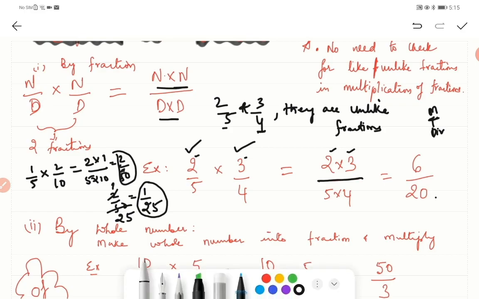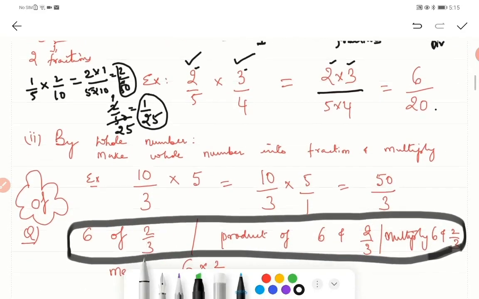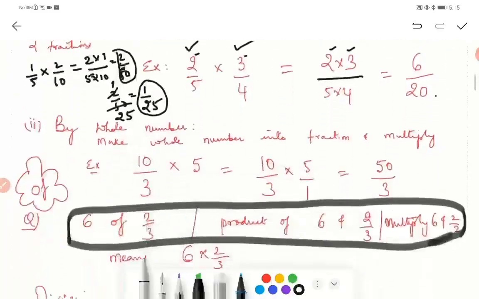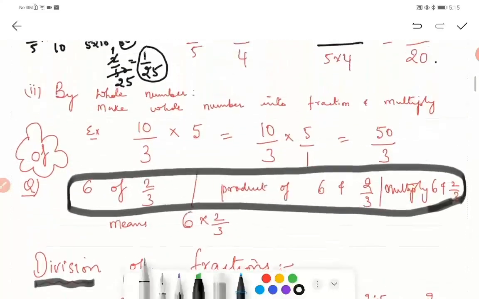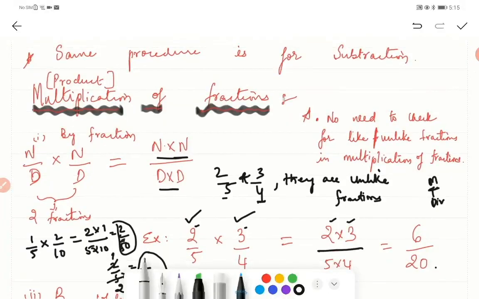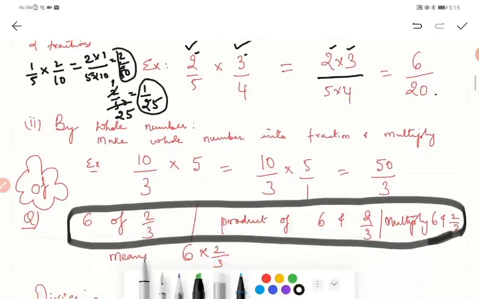Okay, so anyway, multiplication is very easy. Directly you are multiplying numerators and then denominators. Okay, so see, for multiplication they will ask you the product of fractions or multiplication of fractions, or they will use one more word called 'of'. Don't get confused when they ask you a question like this.